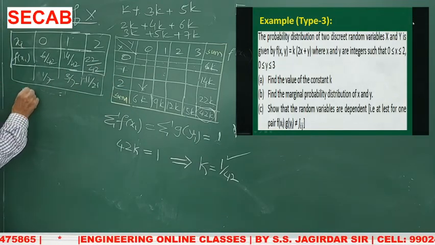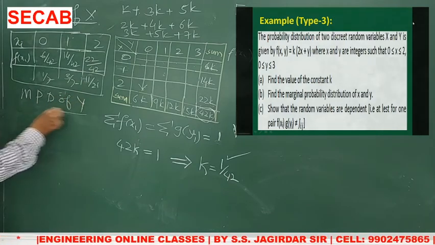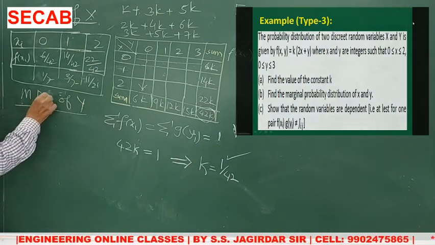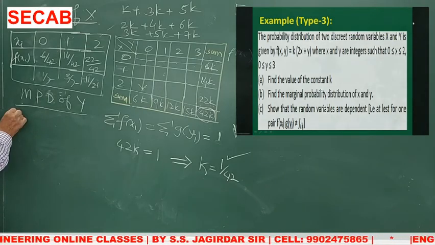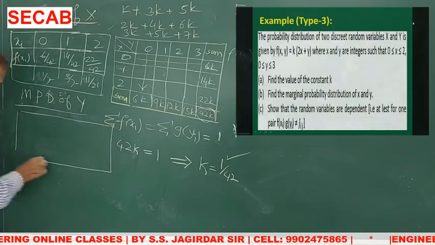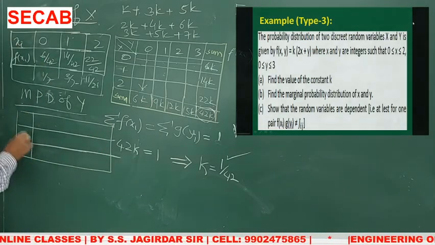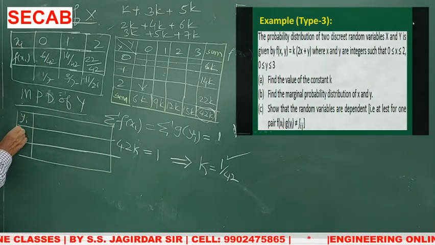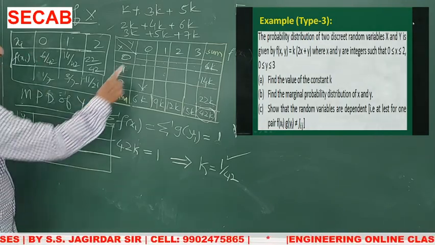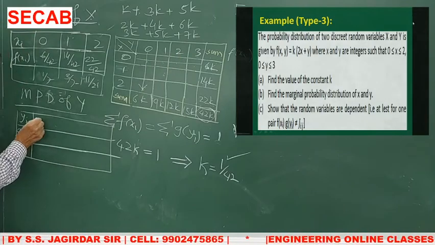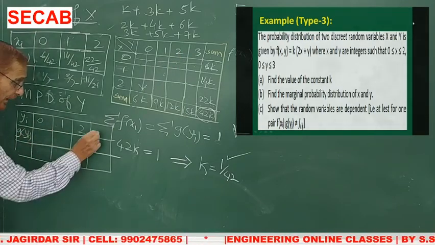And the marginal probability distribution of y, how will you get it? You will get it by preparing this chart: yj, g(yj). The y values are 0, 1, 2, and 3.